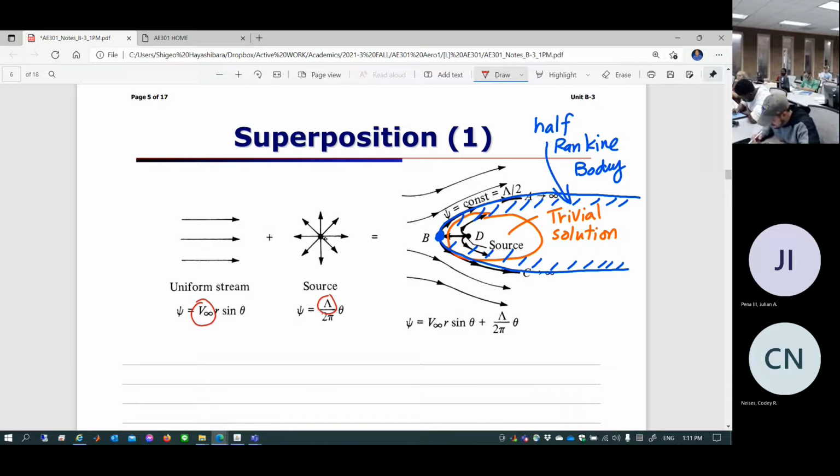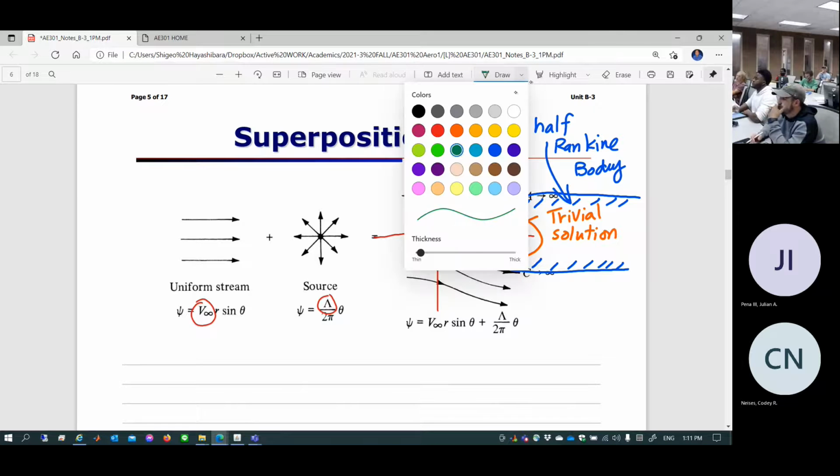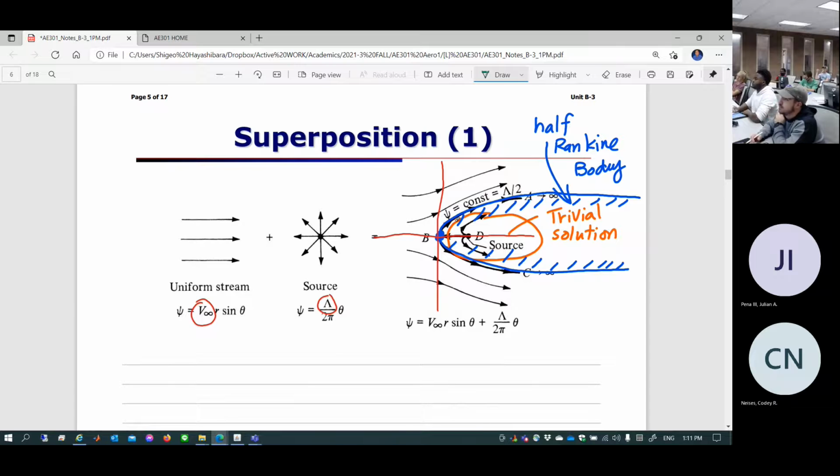Usually, you are going to put the source at the coordinate origin, where you can use either x, y Cartesian coordinates, or r and theta, the polar coordinate system. Either way is fine, but the coordinate origin is usually the location of the source. This is theta, this is r.